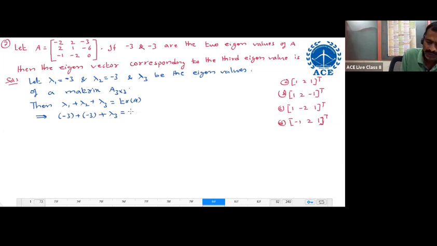Trace is -2 plus 1 plus 0. Therefore, the third eigenvalue is here -1, plus 6, plus 5. This is the required eigenvalue.